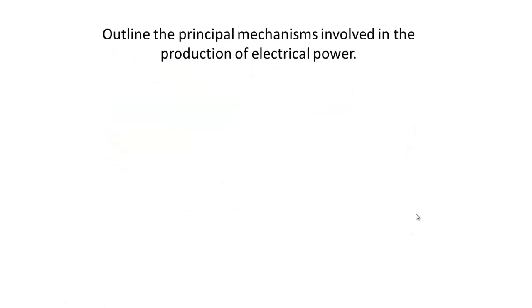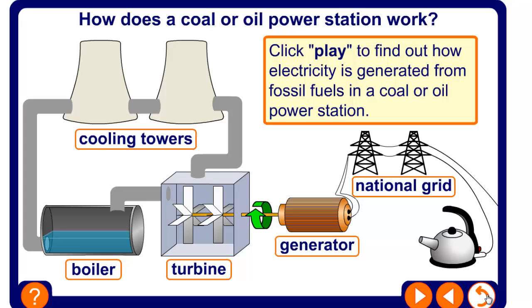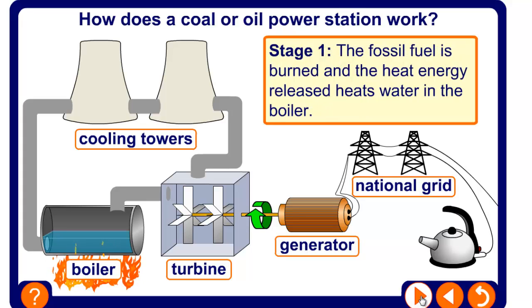So we need to outline the principal mechanisms involved in the production of electrical power. Here we have a coal power station. First of all, you put in chemical energy, fossil fuels or whatever, and that produces thermal energy, heat energy, in the boiler. The chemical energy is turned into heat energy.